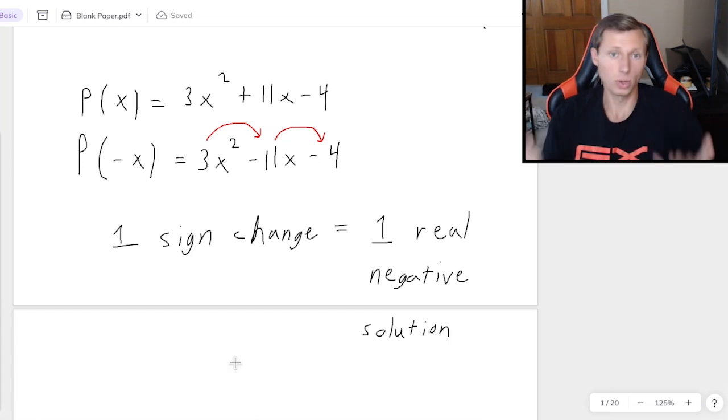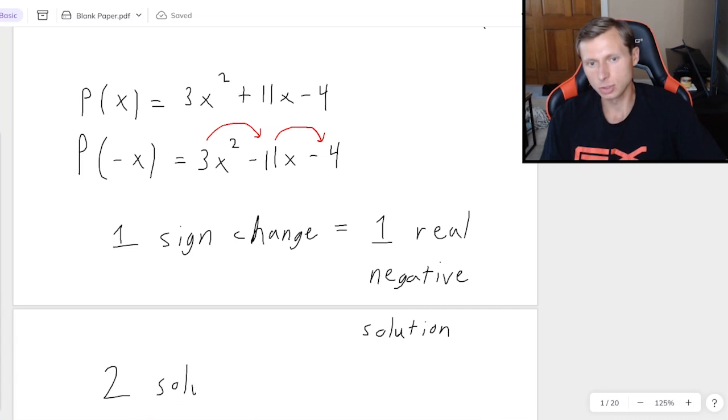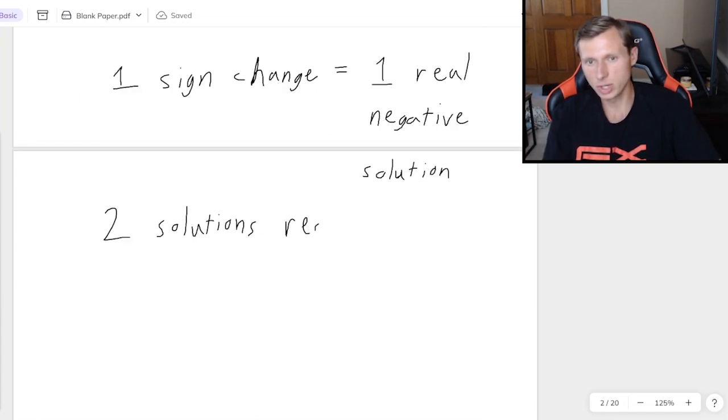And since we have 1 real positive solution and 1 real negative solution, that is a total of 2 solutions. And the reason why that's important is because anything with x squared can only have a maximum of 2 solutions because of the x squared. That means at most 2 solutions. So these 2 solutions are real, and that means we have room for 0 imaginary solutions with the number i.